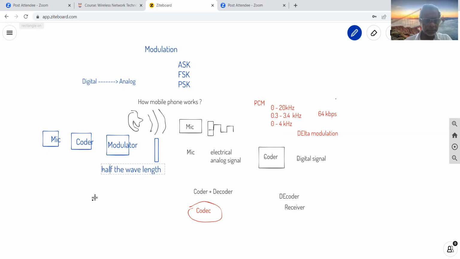So we know the equation V equals F lambda. Speed is equal to frequency into wavelength.